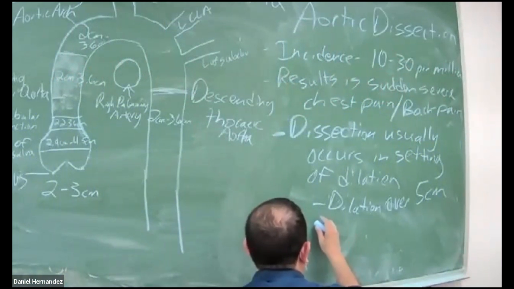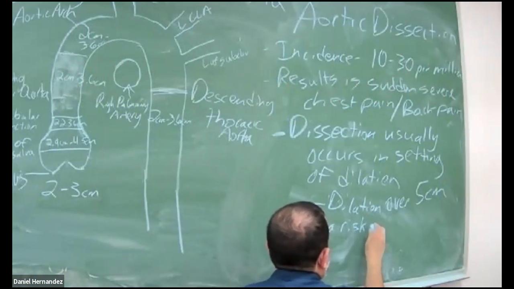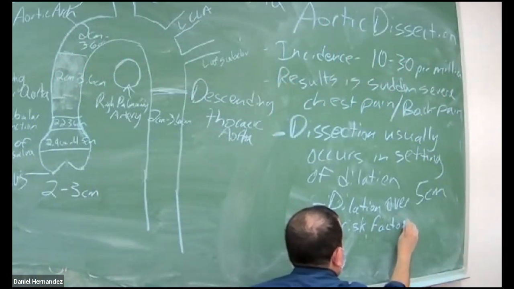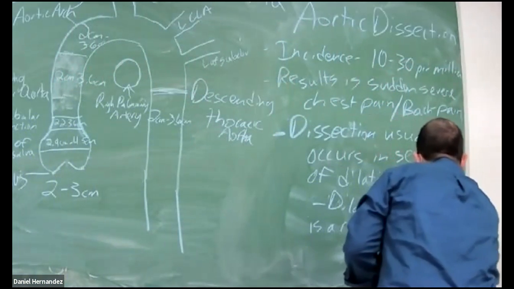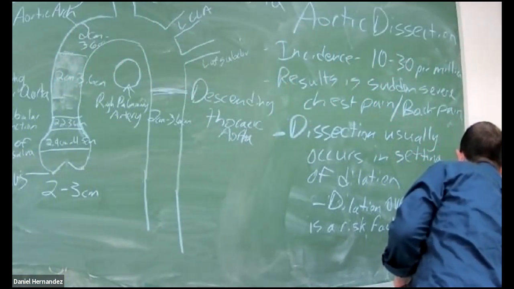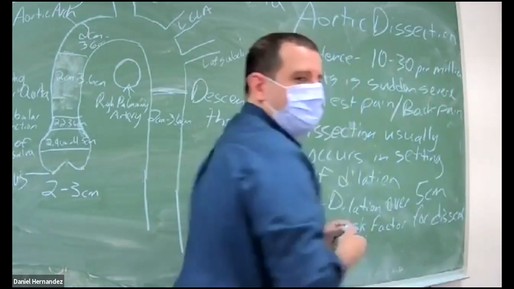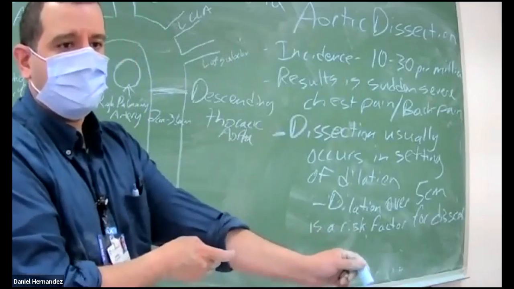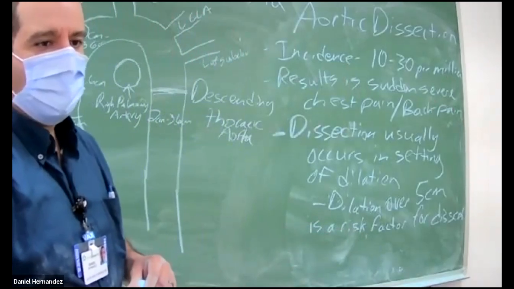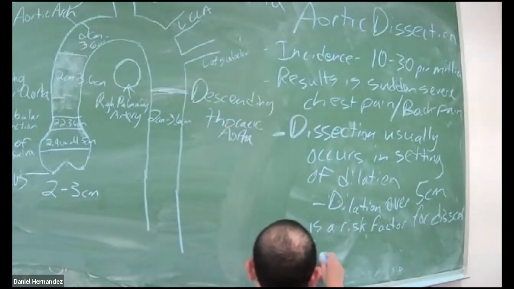Dilatation of 5 centimeters is a risk factor for dissection. And aortic dissection can occur anywhere along its length.